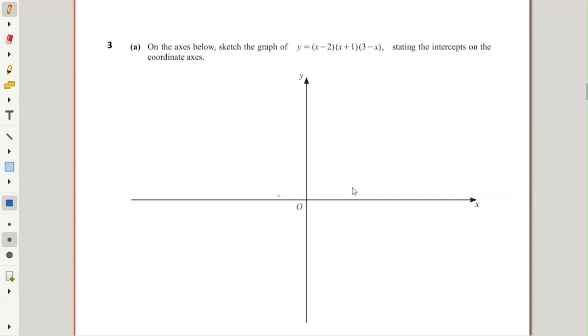So the x values will be 2, -1, then 3. Then the next one, you find the y-intercept. At the y-intercept, x is 0, so I have -2 times 1 times 3, which is -6.